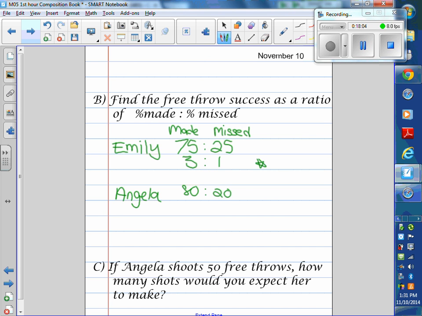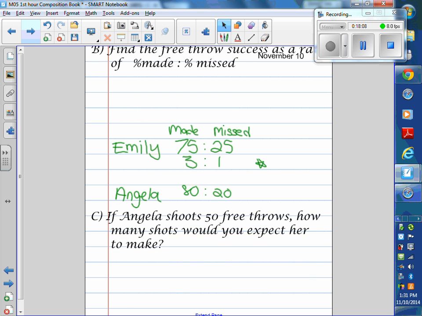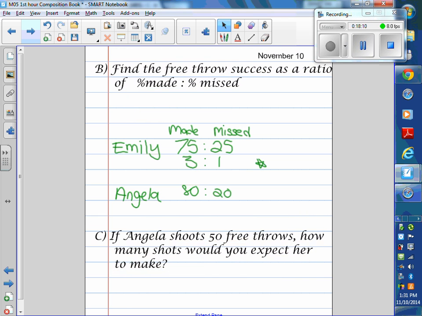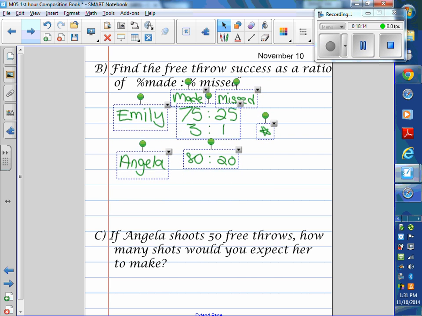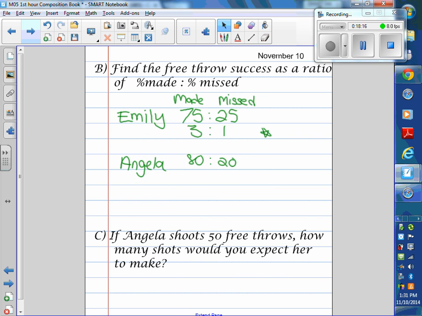So here's how you might use that. If Angela shoots 50 free throws, do you see part C? How many do you think she's going to make? So imagine this is a quiz. You guys are pretty quiet for a class that's going to have a quiz pretty soon.